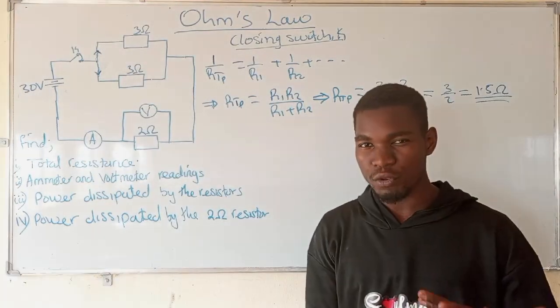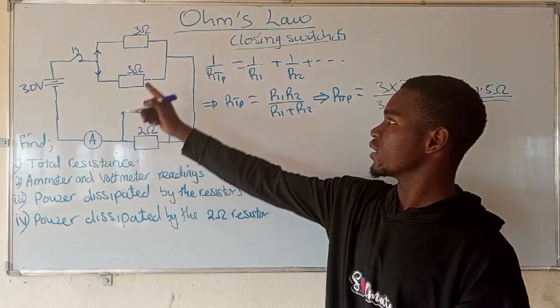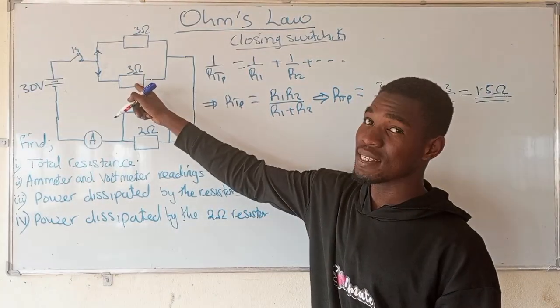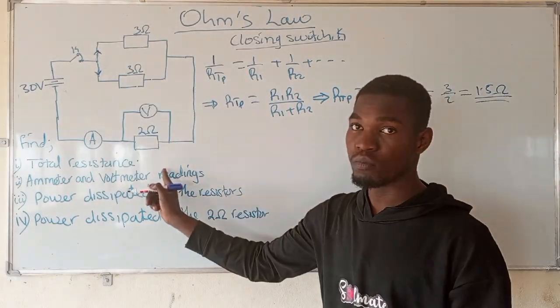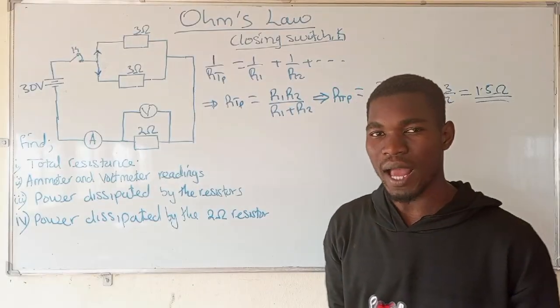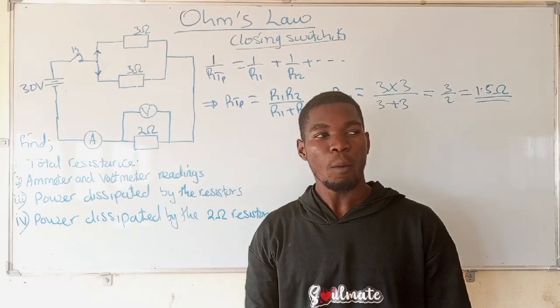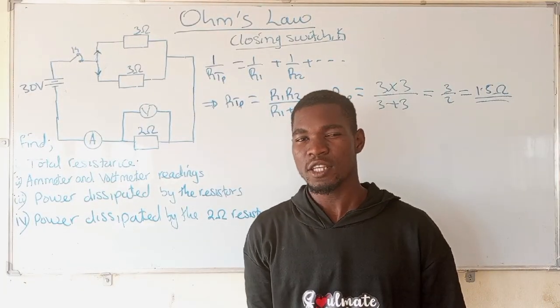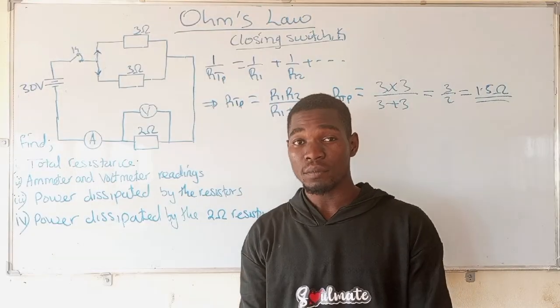Now, do you see that the combined resistance of these 2 is in series with this 2 ohms? To get the combined resistance of resistors in series, we simply add their individual resistances.